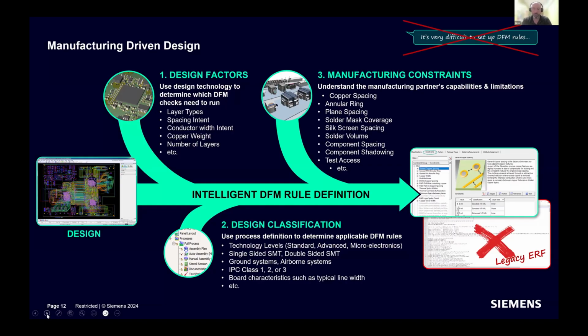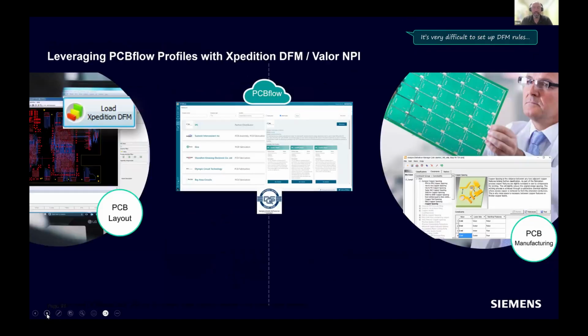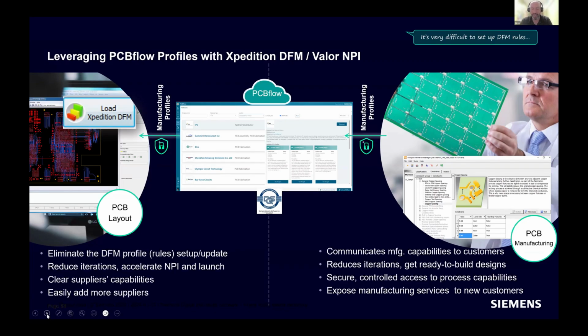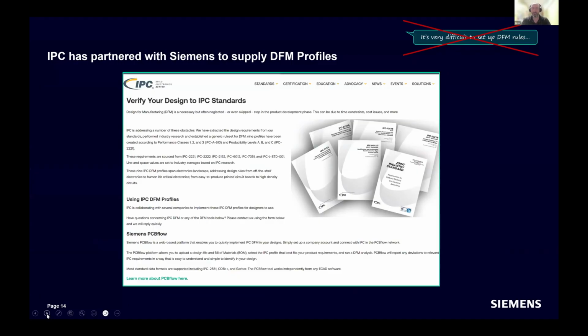Okay, let's speed up a little bit. One more thing that we wanted to go into is leveraging PCB flow. PCB flow is an ecosystem that we've created to share manufacturing profiles between suppliers and designers. It's very easy to use, and it is free as an ecosystem. One of the big advantages is that IPC has decided to join us here, and they have published some DFM profiles on the PCB flow ecosystem.